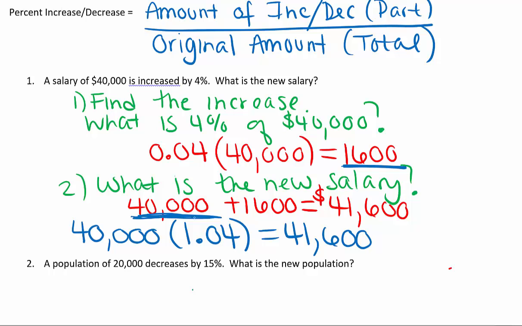That 1.04 is of the form 1 plus r, kind of like what we learned about when we talked about exponential growth. Now, you don't have to do the problem this way. I don't think it's a bad idea to do it in 2 steps to break down what you're doing here. But if it makes sense for you to multiply by 1.04, that's great.